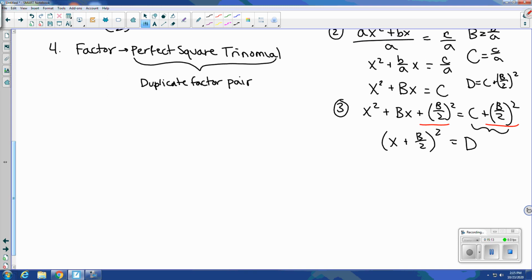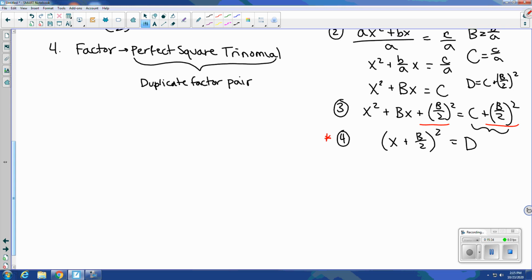Now, what did we do? We took a standard form equation that had a linear term, and we removed that linear term. So now we can just use our square root property and solve directly for x. So at this point, this is our factorization step. Let's highlight that step.